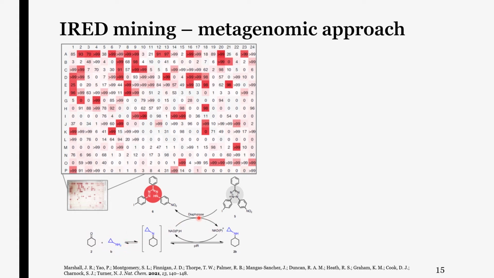And during this oxidative route, the red compound is produced, which can be shown here in these red hits.